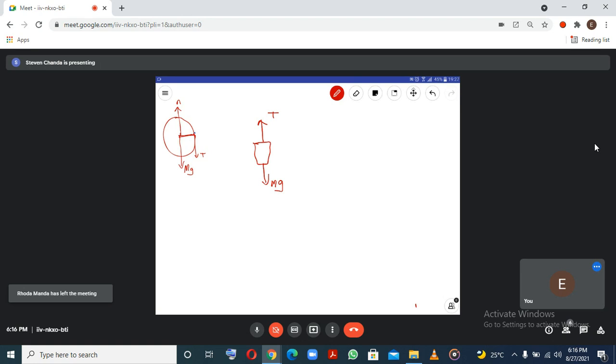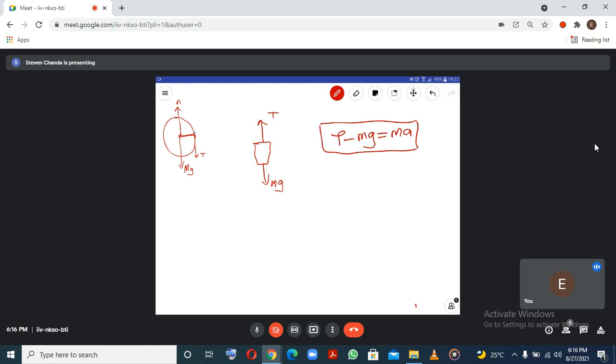It's going to be T minus mg. We were just writing the forces, right? The T is positive because it's facing upward. The weight is negative because it's downwards. Then it's going to be accelerating, right? So that's our equation.